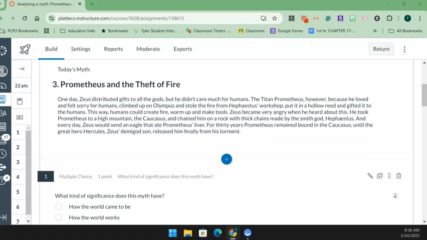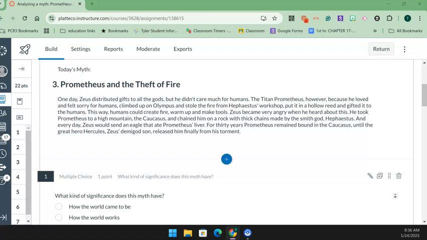This way, humans could create fire, warm up, and make tools. Zeus became very angry when he heard about this. He took Prometheus to a high mountain, the Caucasus Mountains, and chained him on a rock with thick chains made by the blacksmith god Hephaestus. And every day, Zeus would send an eagle that ate Prometheus's liver.